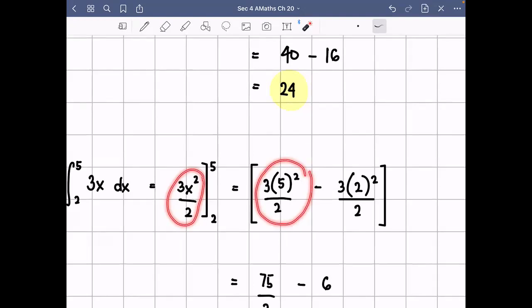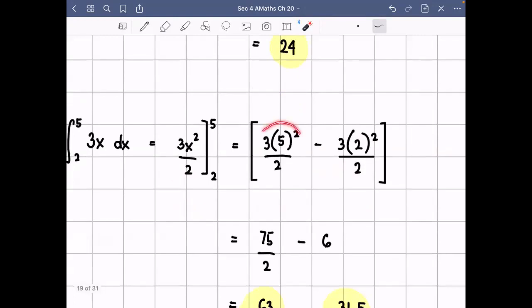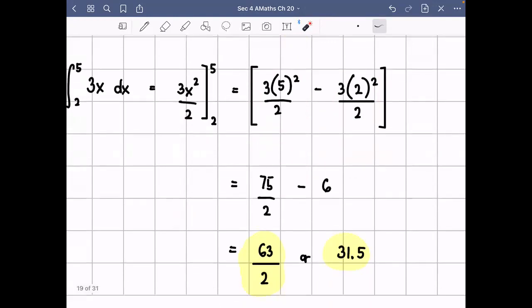In place of x, it becomes 5 here, minus, using the same expression, the lower limit, which is 2. Simplifying this, you will get 75 over 2 minus 6.